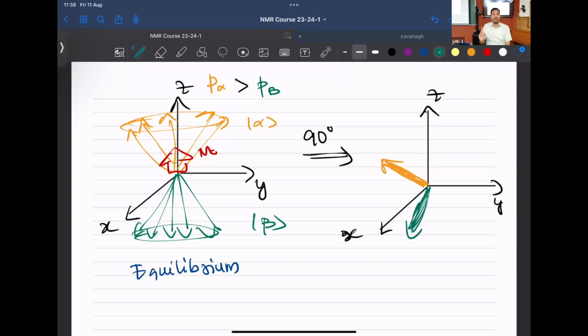They're still aligned at 54.7 degrees with respect to B0. Once the populations equalize, the work done by the RF pulse is to pull all the spins to the same state. So the alpha beta states still exist, but the populations are equal. Now you realize there are two vectors pointing along two different axes where the net resultant is along X, and therefore you generated the magnetization along the transverse plane.